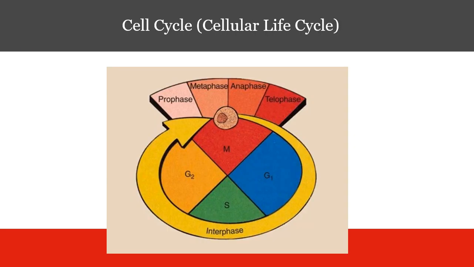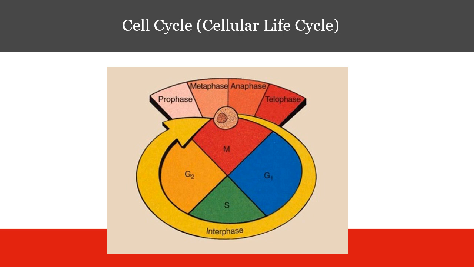The next thing to take a look at that's very important is the cell cycle, otherwise called the cellular life cycle. The thing that Bouchon brings up in this chapter is that cell biologists and geneticists view the cell cycle differently. Each cycle is going to have a stage of growth, development, and division.